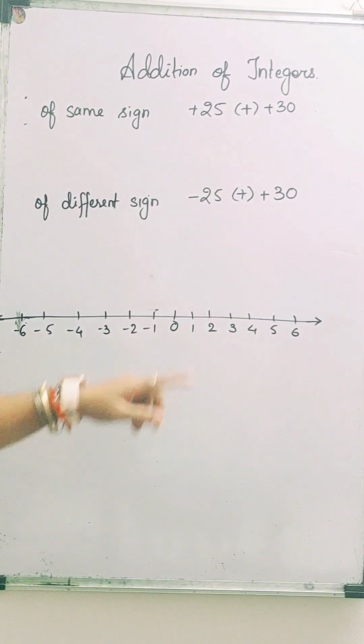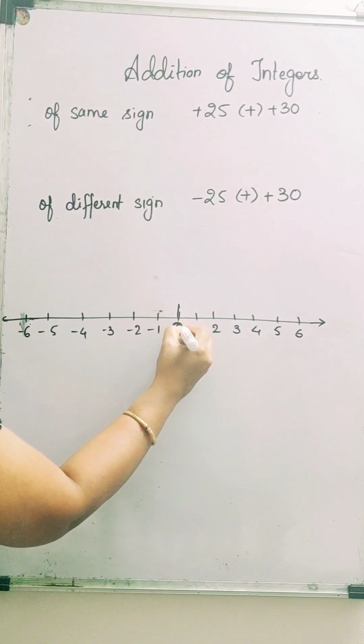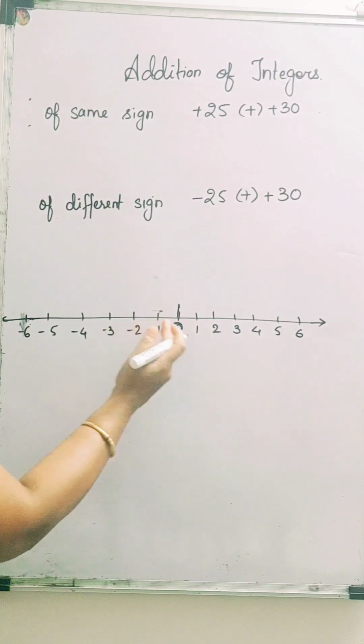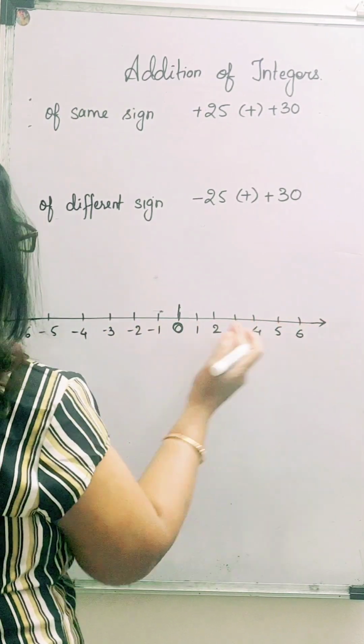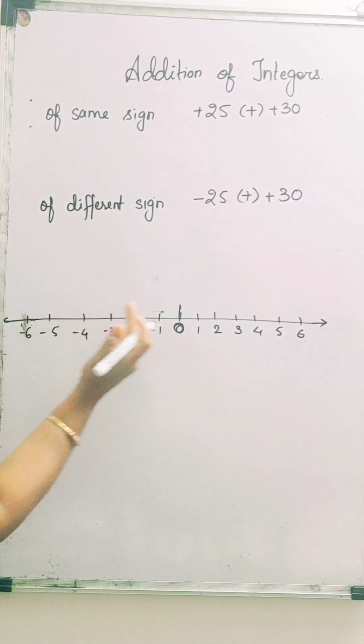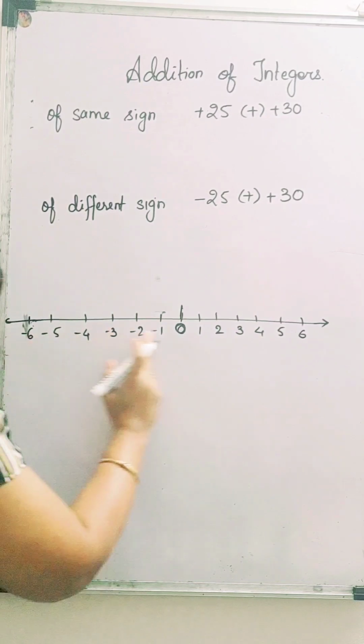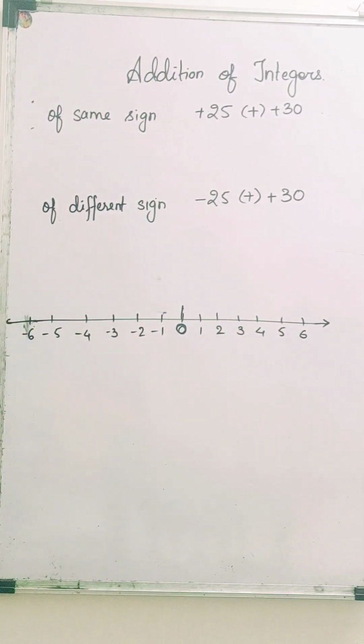Now if you can see this number line has a 0 in between, in the mid of it, and there are numbers which is written on the right side, and there are numbers which is on the left side. Now the left side is all negative and right side of the 0 is all positive. So what you can say, these complete things is an integer.